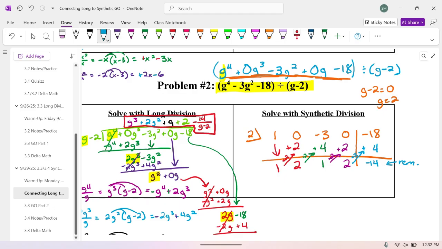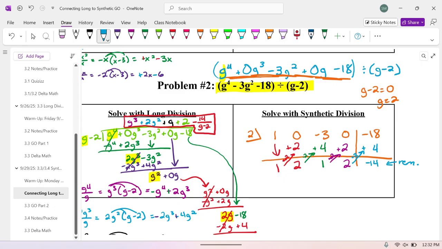All right, Frederick. So how do I finish this up? I got all of my coefficients. How do I write it so that it looks like what I originally got with the long division? You add your G to exponent. All right, how do I know what exponent goes with the G's? So what would the first exponent be? It wouldn't be G to the 4th, it would have to be G to the third. Right.